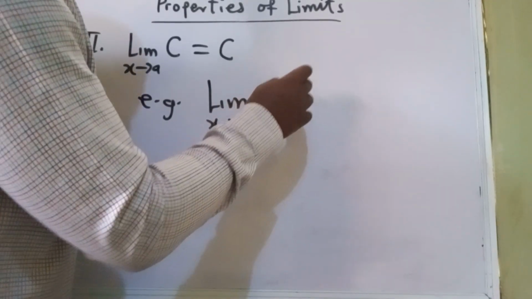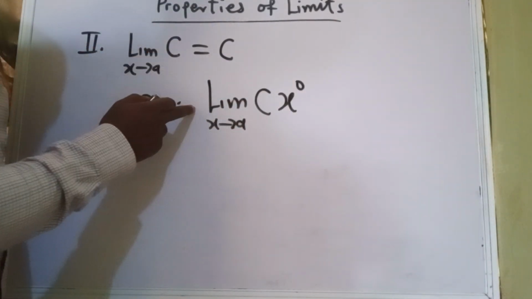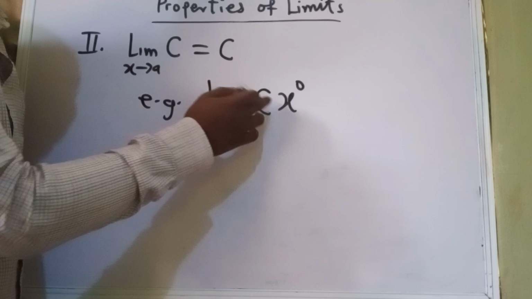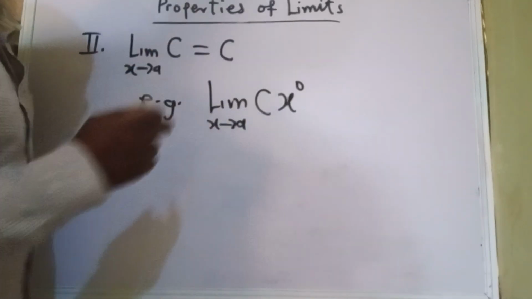So the limit of this constant is the limit of c times x raised to the power of 0.